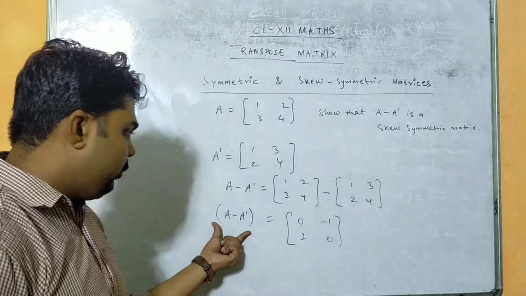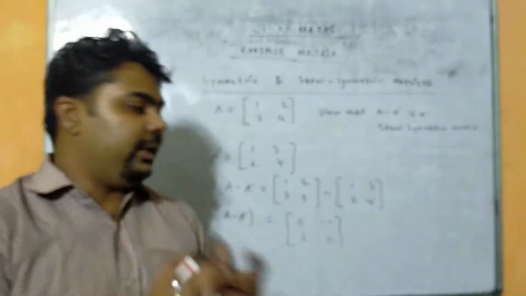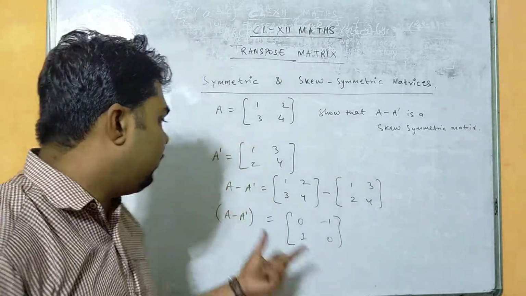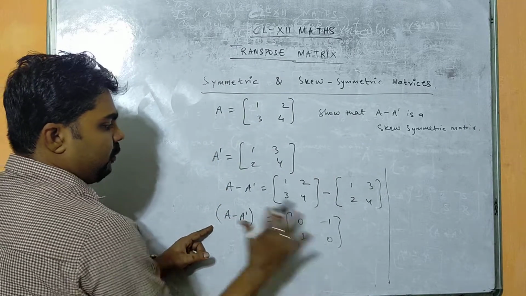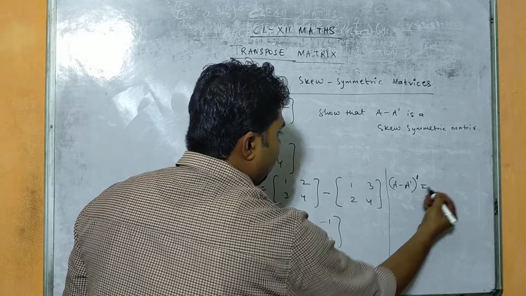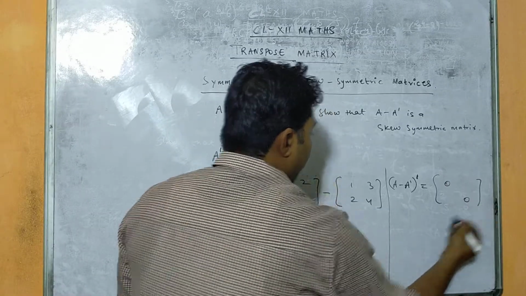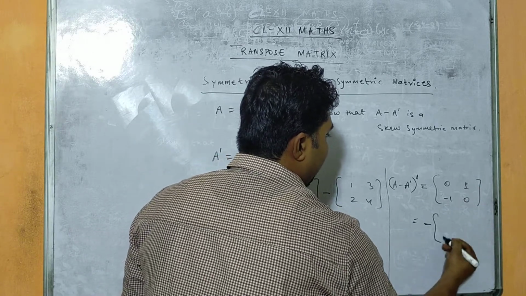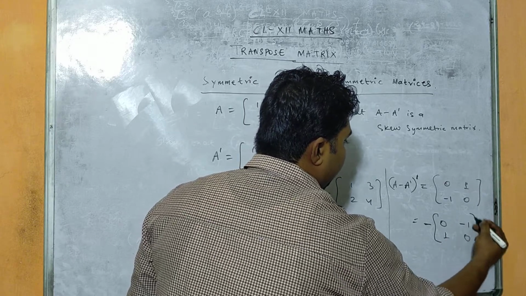Now if we transpose this A minus A transpose and get the same elements, then we say symmetric, or if we get the negative of this, then we say it is skew symmetric. So we will find the transpose of this answer. 0 and 0 will remain the same, we will get 1 here and minus 1 there. Similarly, if I take minus common, all the elements get changed, right?